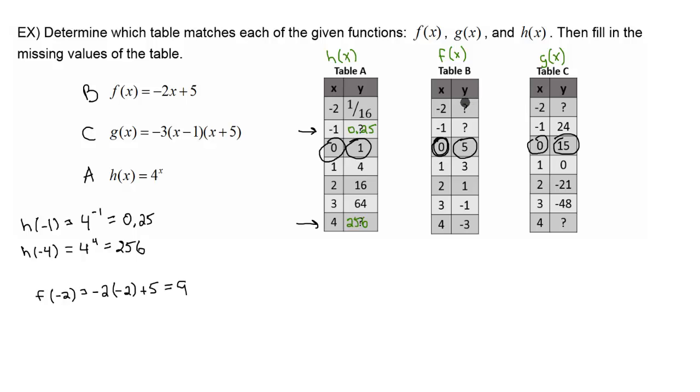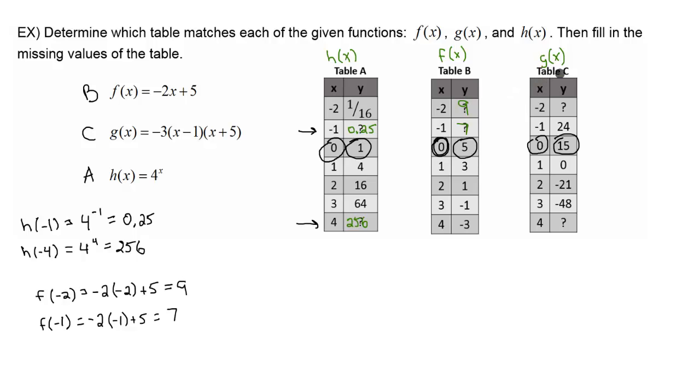So then I can plug in 9 right here for that question mark. And then I'll do f of negative 1. Negative 2 times negative 1 is positive 2, plus 5 is 7. So I'm going to plug in 7 over that question mark.